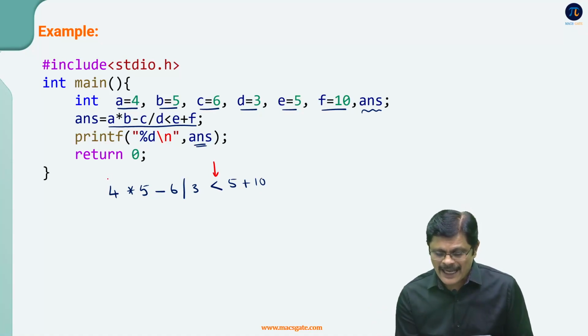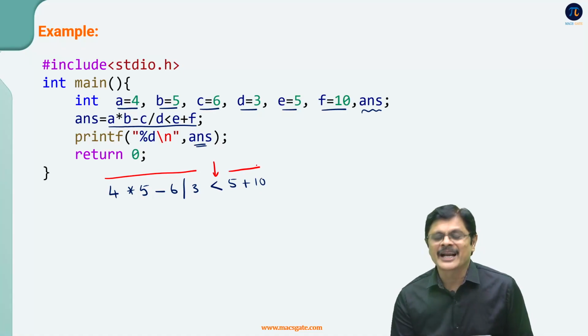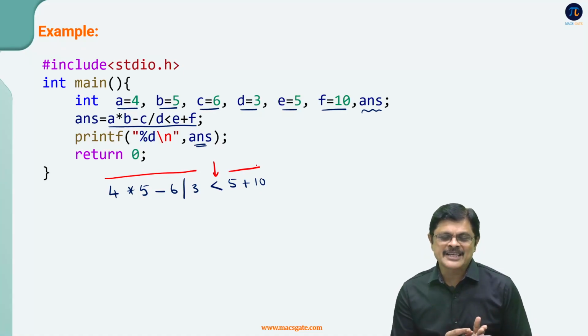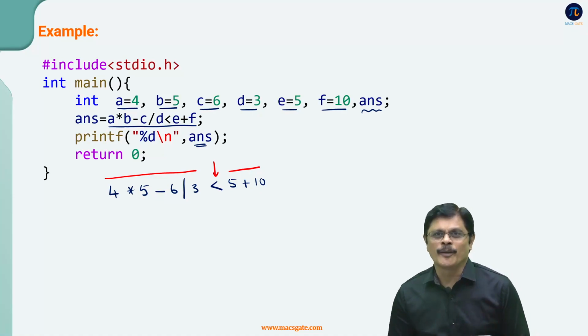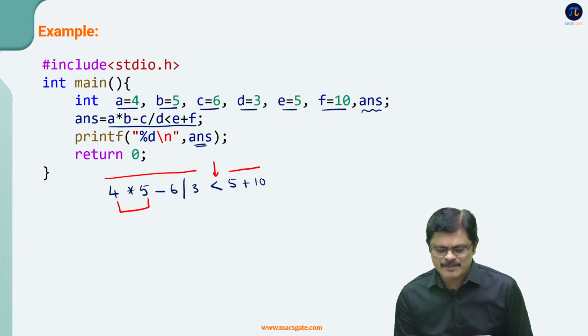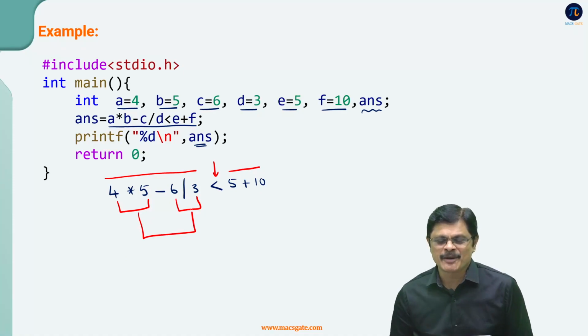So actually what happens is the left expression is compared with the right expression. On the left, according to operator precedence, first multiplication is performed, then division, then finally the minus operation. And on the right side there is a single addition operator, so addition is performed.